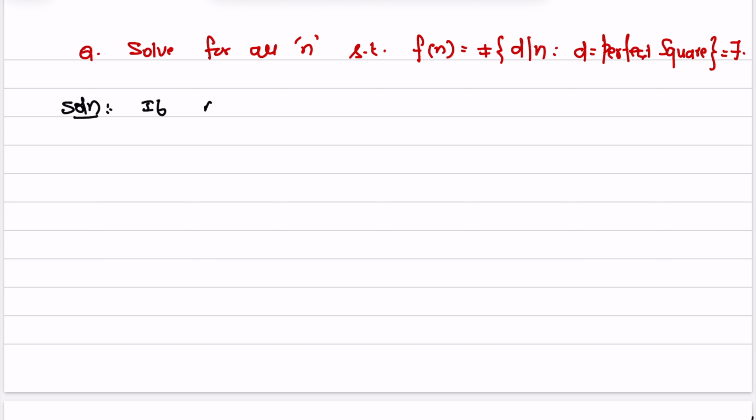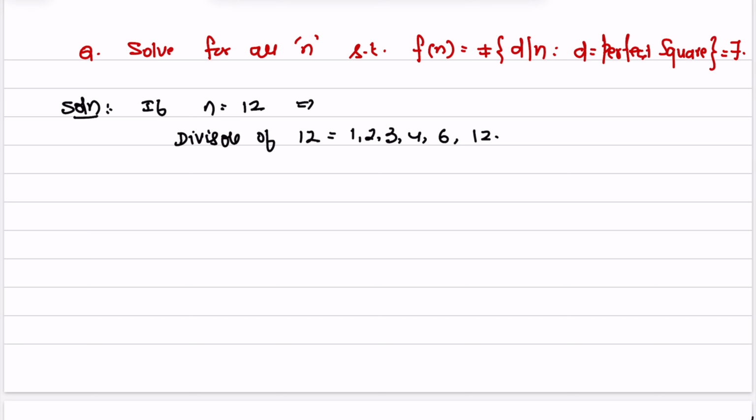Let us say n is equal to 12. What are the integers which divide 12? The divisors of 12 are 1, 2, 3, 4, 6 and 12.